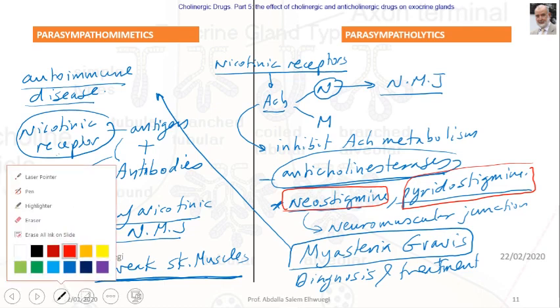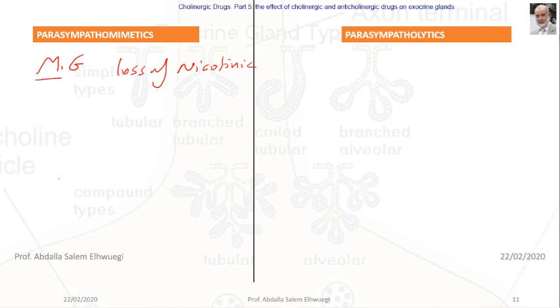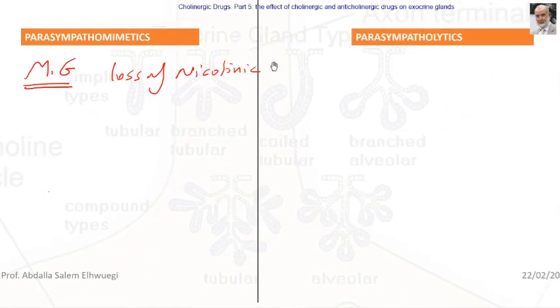We said in myasthenia gravis there is loss of nicotinic receptor. So what will happen?